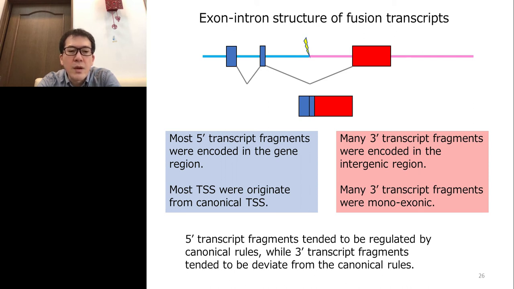We also found that most transcription start sites originated from canonical transcription start sites. Also, most 5' transcript fragments were multi-exonic, while many 3' transcript fragments were monoexonic. So in general, we can say that 5' transcript fragments tend to be regulated by canonical rules, while 3' transcript fragments tend to deviate from the canonical rules.